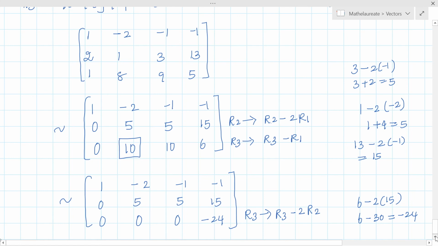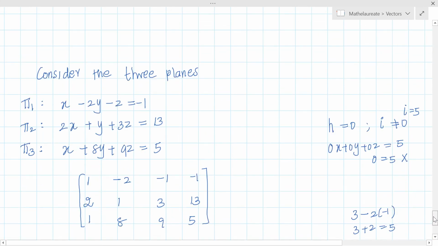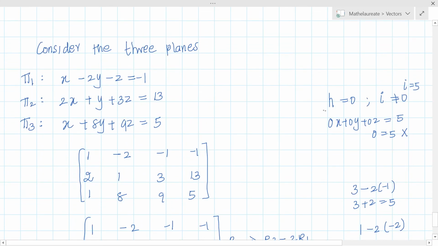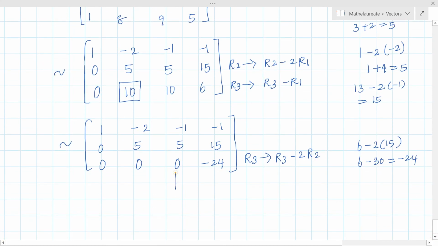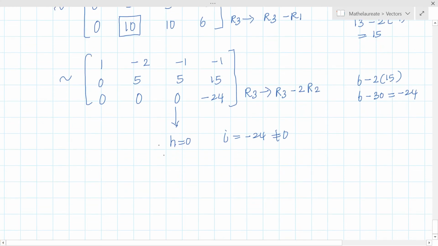As I said in the beginning, if h is 0 in the augmented matrix after row reduction, after getting the triangle of zeros, here this is h and it is equal to 0, and this i equal to negative 24 that we got is not equal to 0. So the last row says 0x plus 0y plus 0z equal to minus 24.